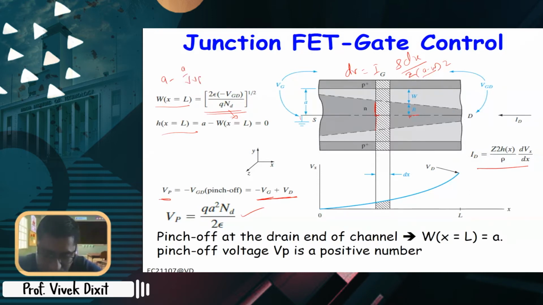A by root Vp times minus Vgd, correct? So then you substitute it here, right, and integrate.